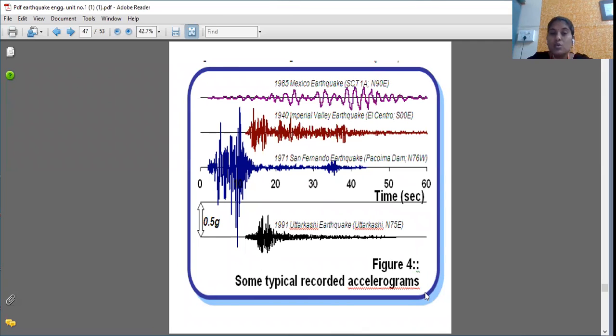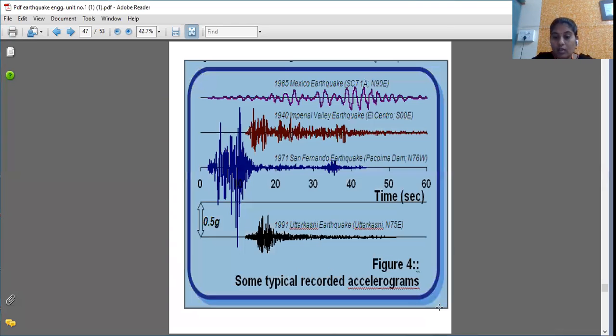So that is the information about the seismometer instrument, which will help us understand the earthquake with the recorder, with the sensor, and with the timer.